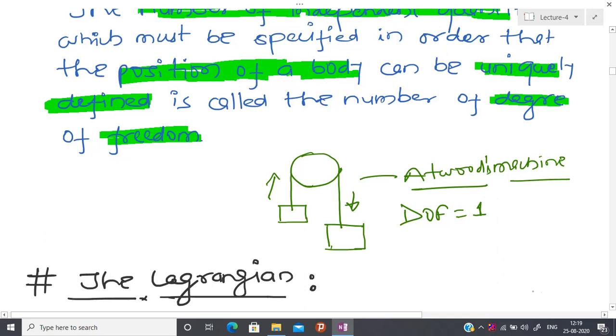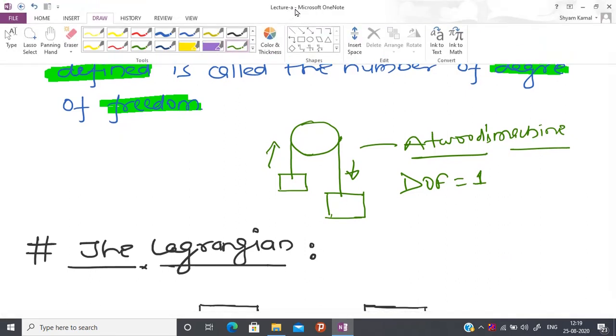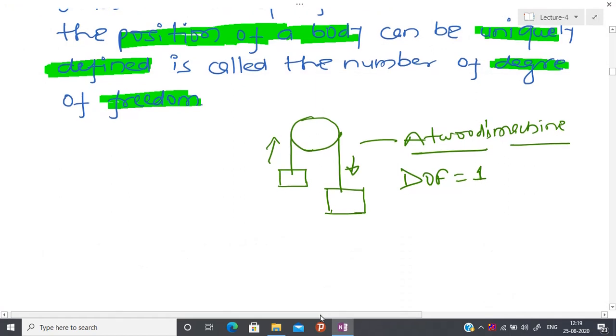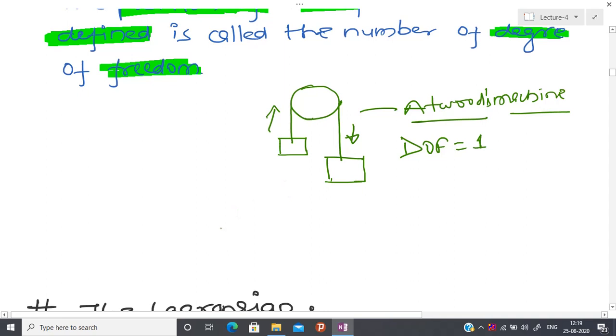Similarly, suppose some rigid object is moving. This object can do translation and it can do rotation. So here I have 3 plus 3, which means the degree of freedom is 6.